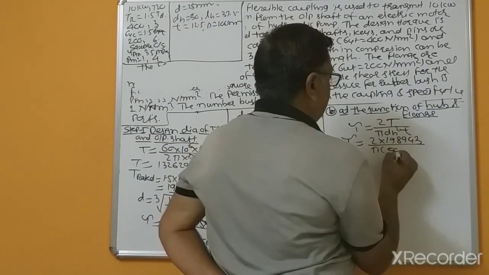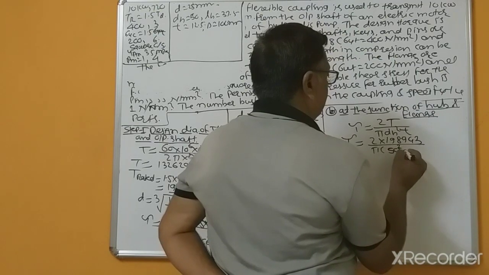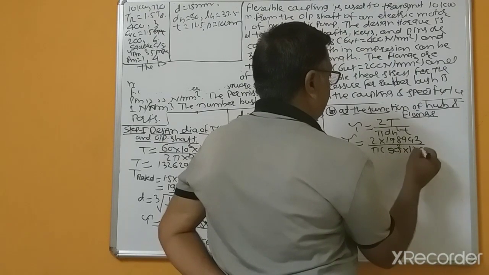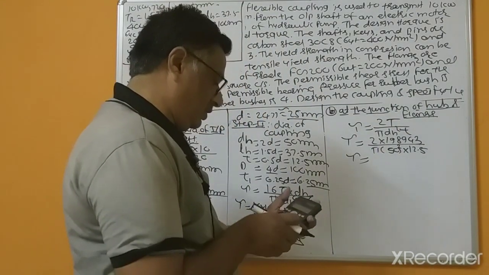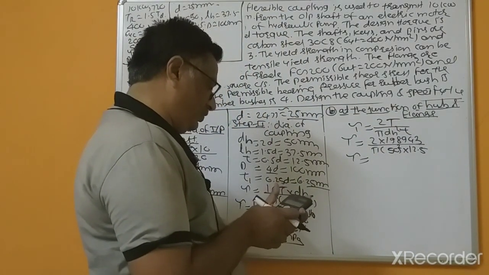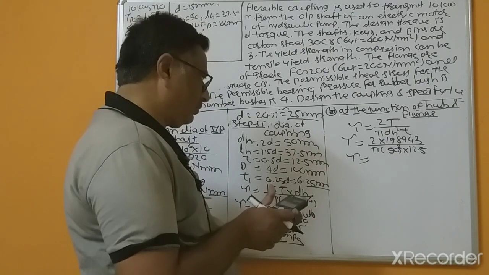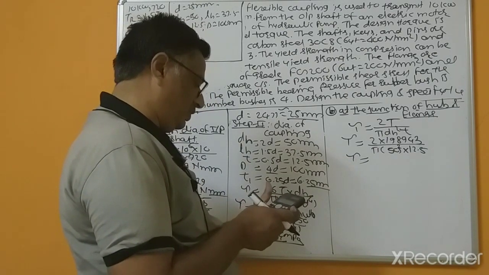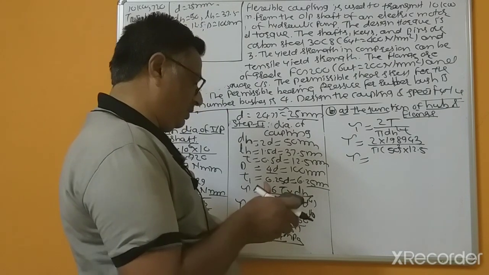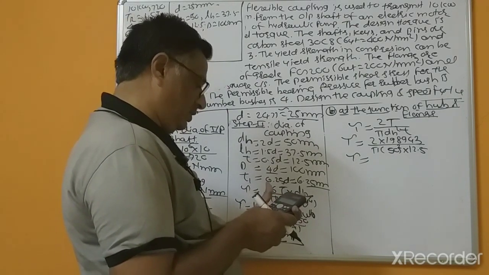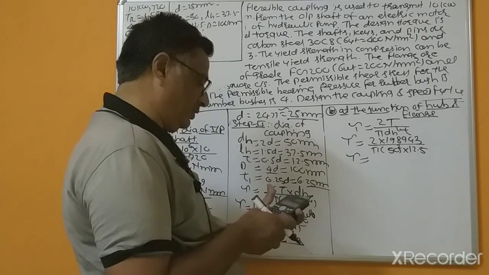Pi 50 squared, thickness 12.5. 198943 multiplied by 2 divided by pi divided by 50 square divided by 12.5.